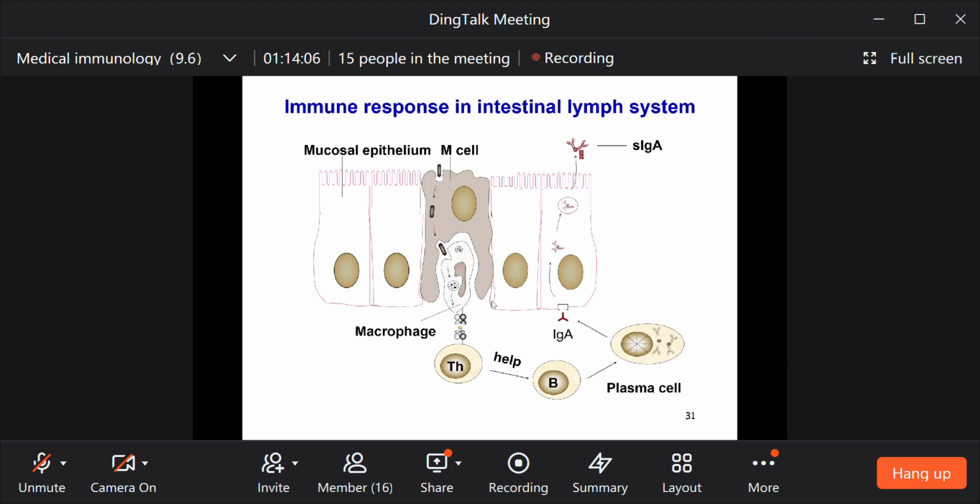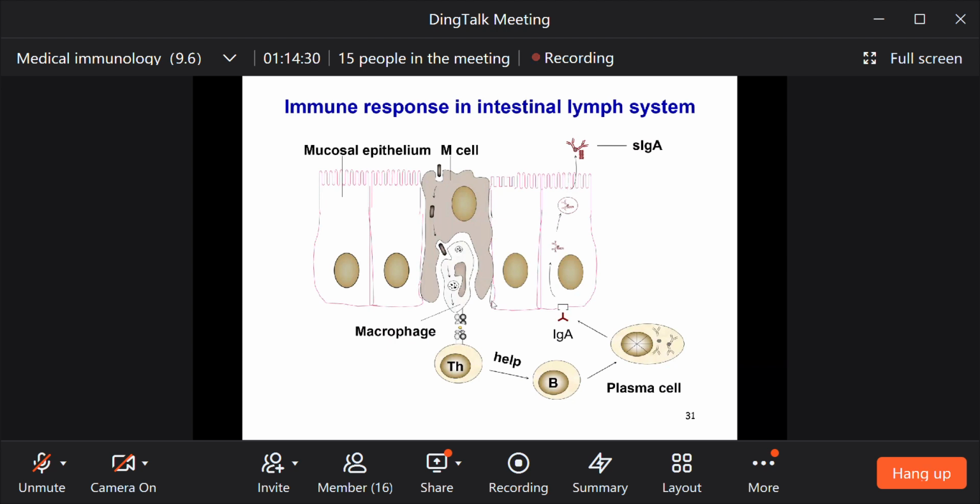This structure will help the M cell to get a foreign substance. What is shown here is the black stuff, I think. The foreign substance.